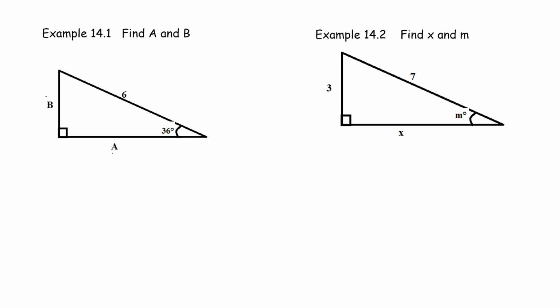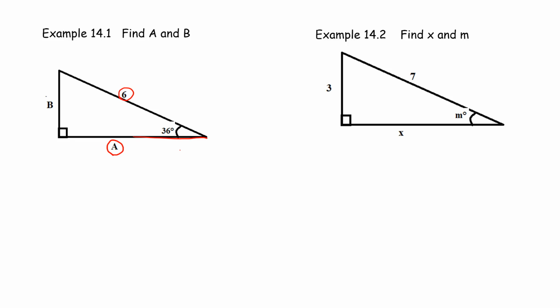So let's start out by finding side A. All right, so side A, what is its relationship to the angle we have? It is adjacent to that angle because this side, that is side A, is one of the sides of the angle. And then you have the hypotenuse, 6.